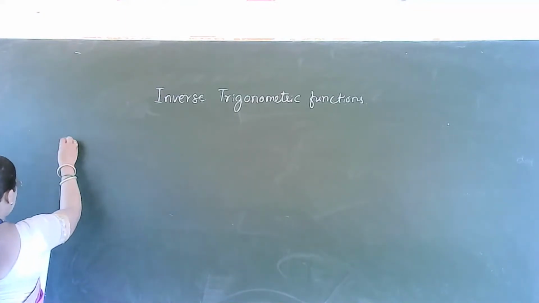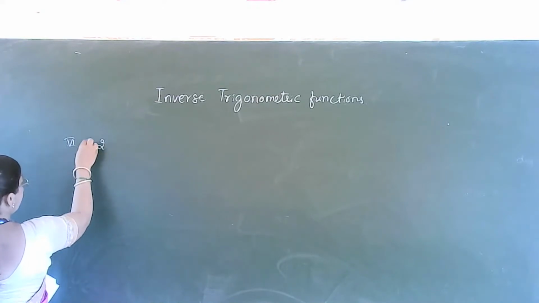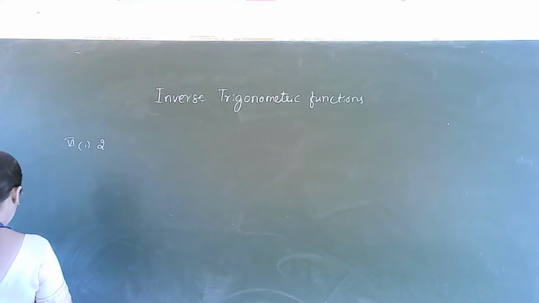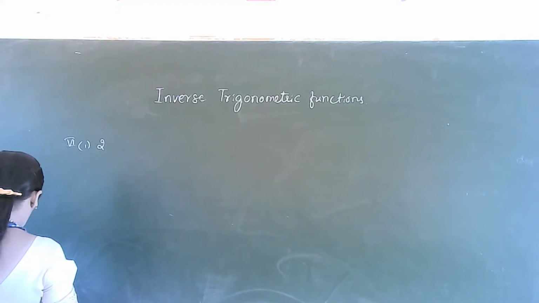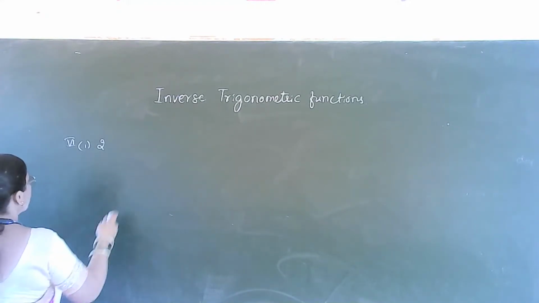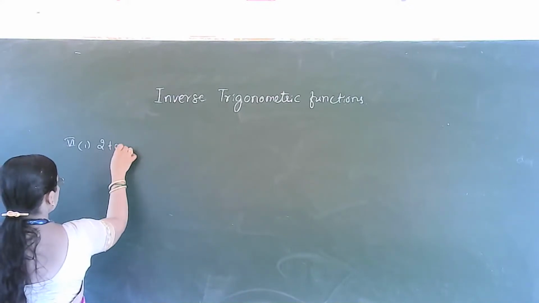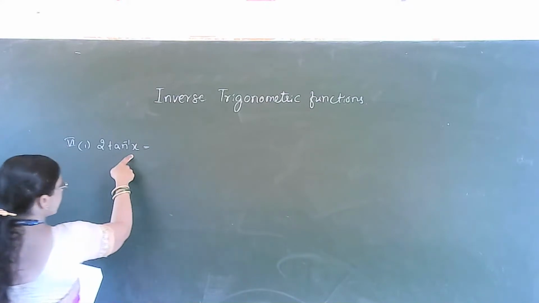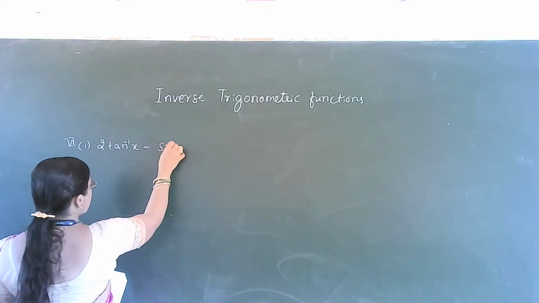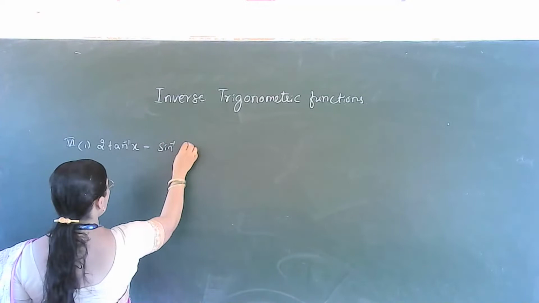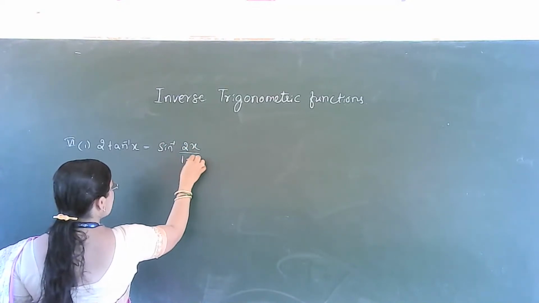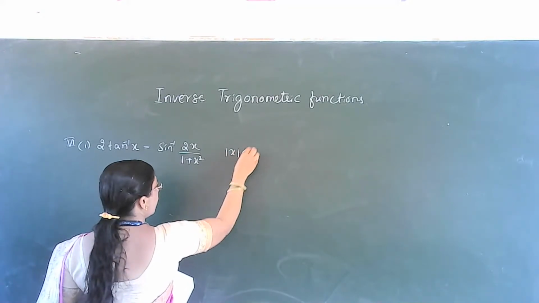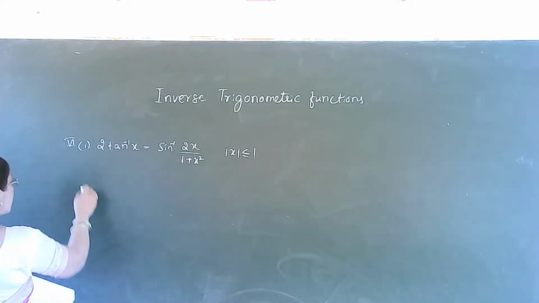Another type, the sixth one, is 2 tan inverse x. It is the same formula, but with a little bit of change. 2 tan inverse x in terms of sin inverse is sin inverse of 2x divided by 1 plus x square, where mod of x is less than or equal to 1.